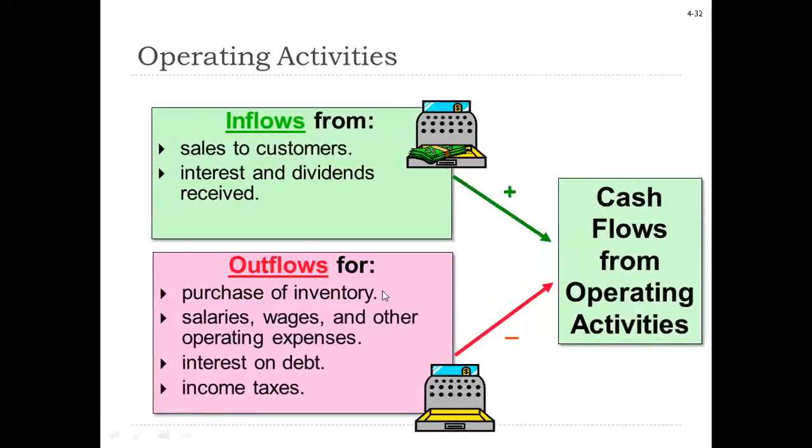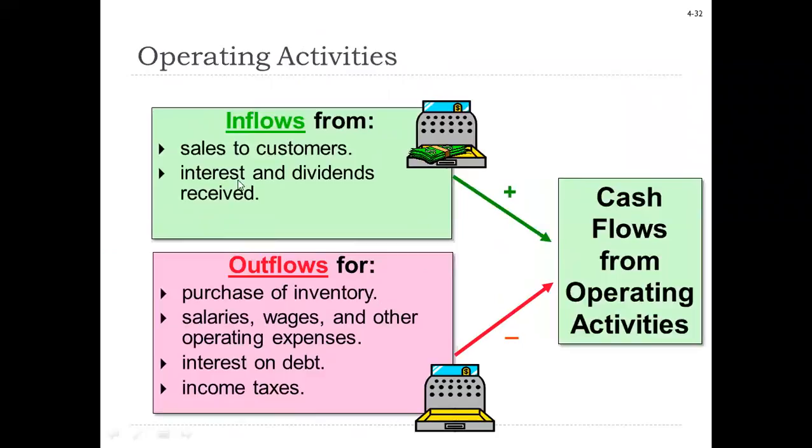There are 3 different sections of the statement of cash flows. First is the operating activities section. Operating activities are what the business is in business to do. So what are their normal day-to-day operations? Selling to customers.